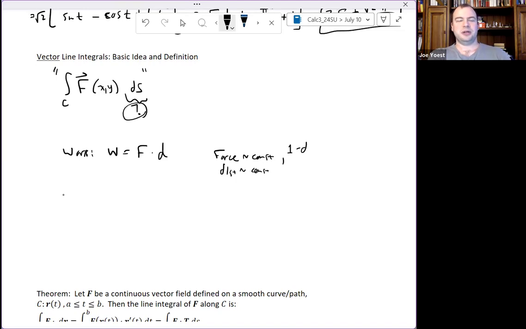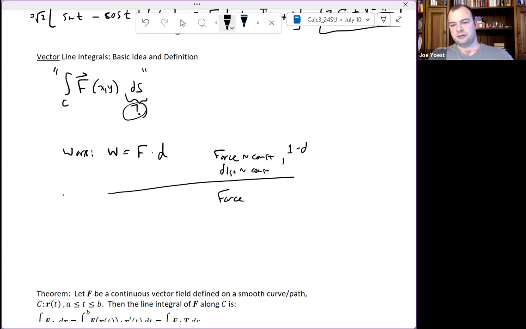We're only dealing with 1 dimension, so there's nowhere else the force can be pointed. It's pointed in the same direction as the distance or the displacement. We just have work equals force times distance. We say how many newtons of force over what length of distance or displacement. That's our work.